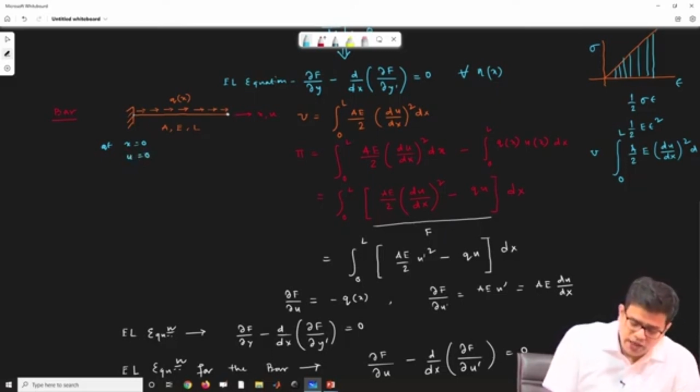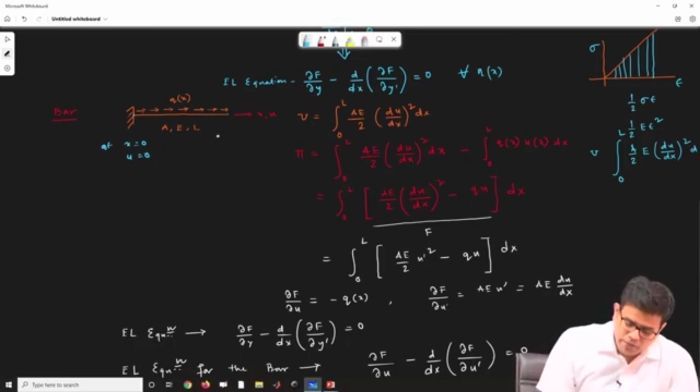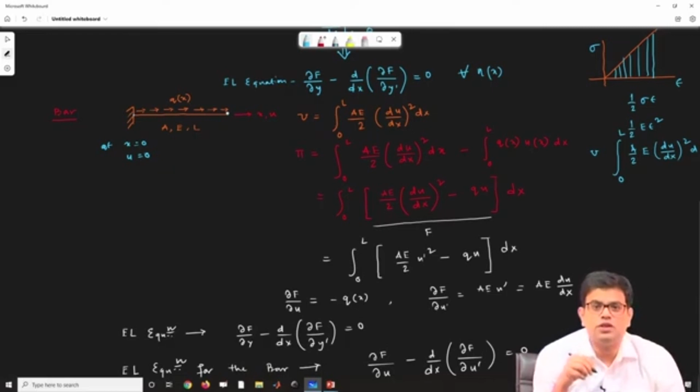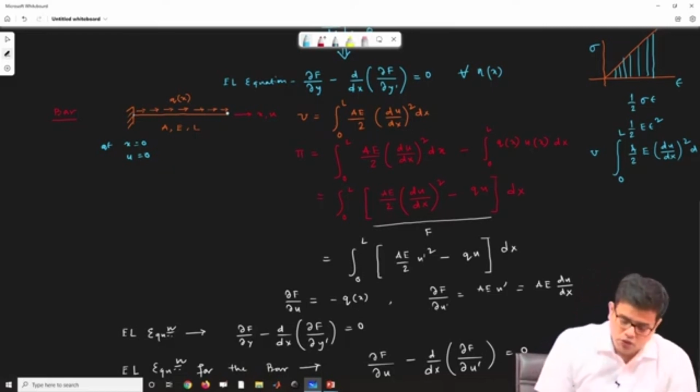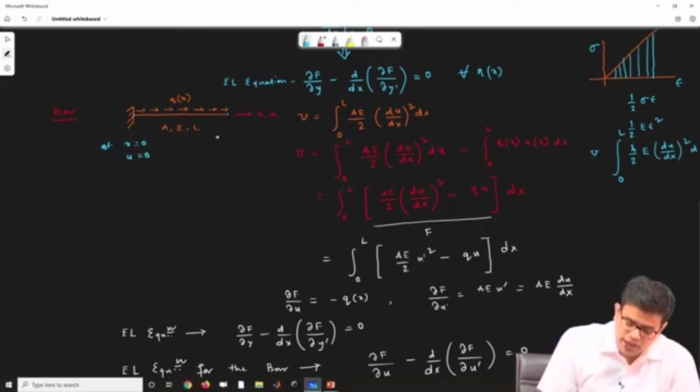And what will the boundary condition be at the other end? If you look carefully, there is no displacement specified there. So naturally the force boundary condition will apply. The force boundary condition will be AE del u del x is 0.